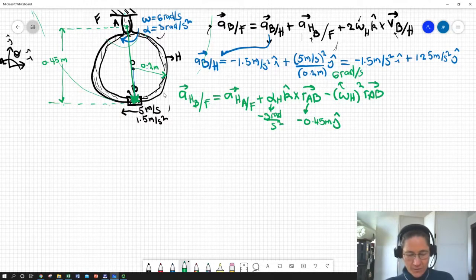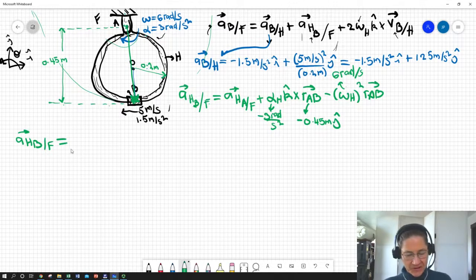So if we basically multiply all of that out, we end up getting an expression, which I'll continue over here. Acceleration of the hoop at point B with respect to our fixed reference frame is going to equal something reasonably simple.